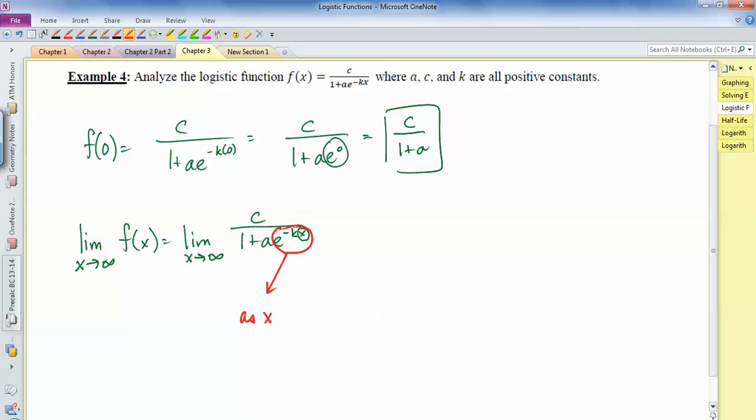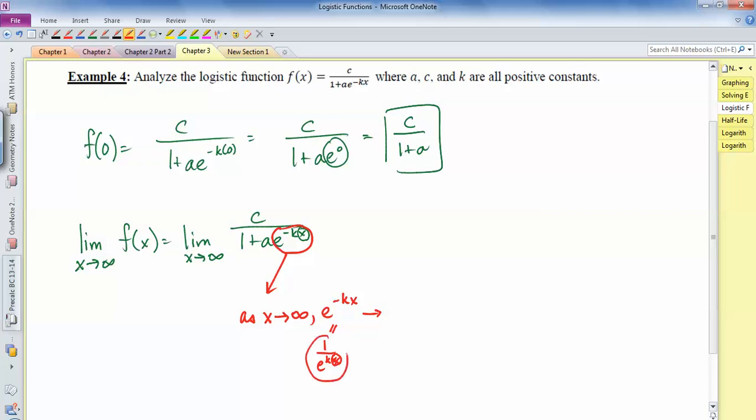As x goes to infinity, think about what e to the negative kx does. E to the negative kx is the same thing as 1 over e to the kx. If I theoretically plug in some really big number, like a billion, then I've got 1 over e to some massive number, which is like 1 over infinity.